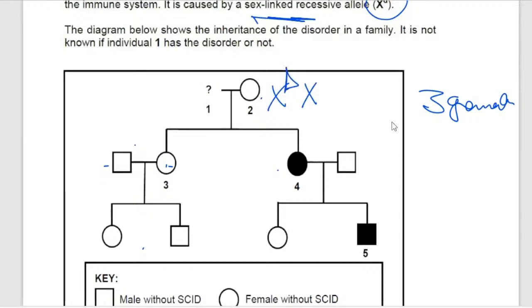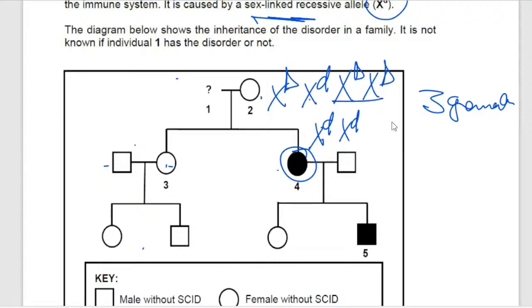Therefore, it's going to be capital D. I don't know whether it's going to be capital D, small d, or capital D, capital D. But they produced a kid who is sick. Don't just say sick. Sick with what? With the disease. So automatically, one came from the father, one came from the mother. Therefore, this mother cannot be like this because it gave rise to this.